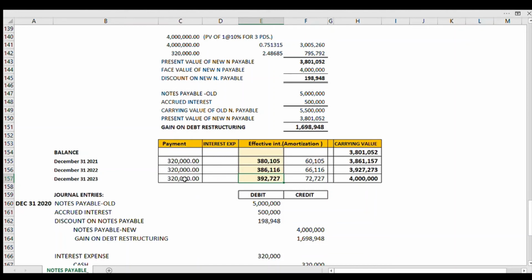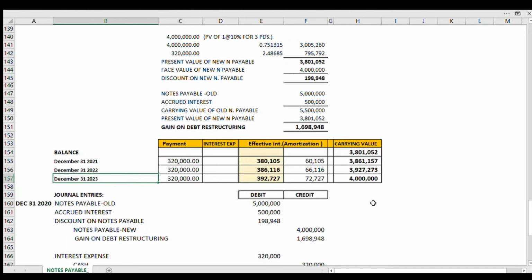So, the difference is 72,727. So, since this is an amortization, no, dinagdag natin siya. So, on the third and last periods, nakuha na natin yung face amount ng note. So, that means to say, this is the amount to be paid on the third and last period, 4 million pesos. So, that's how amortization is done, no, for the 3-period extension of the note based on the debt restructuring of the notes payable.